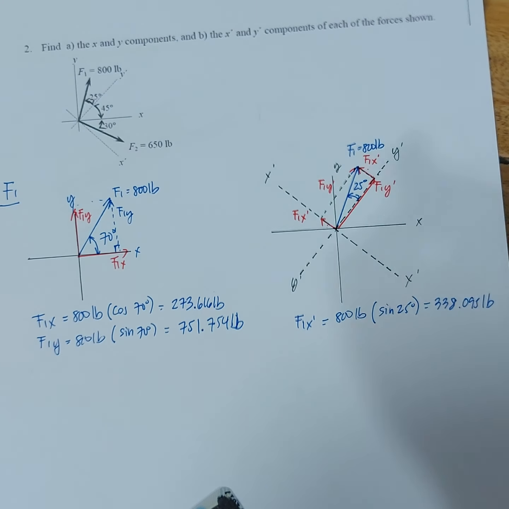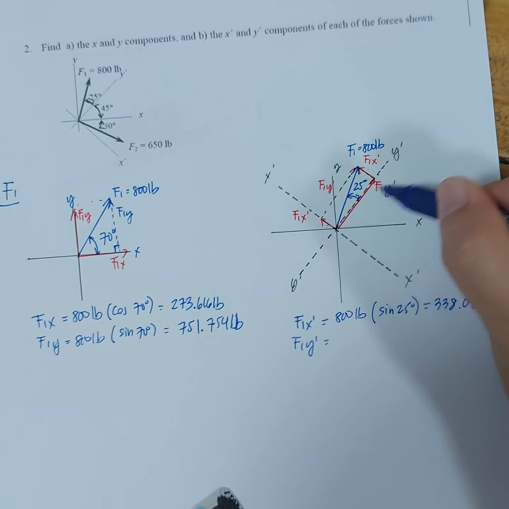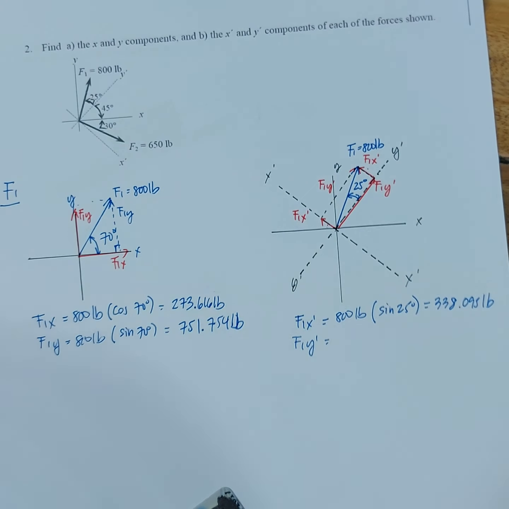Next is F1y prime. How do you solve this component of the force F1? So adjacent side, so obviously kapag adjacent, cosine.